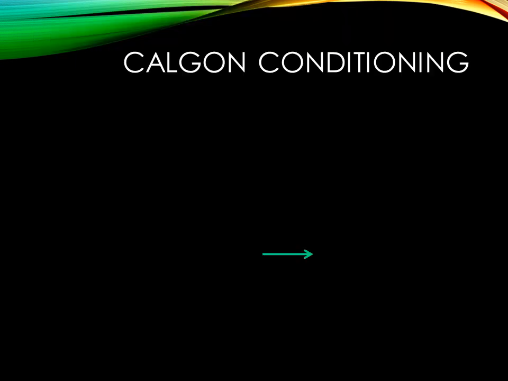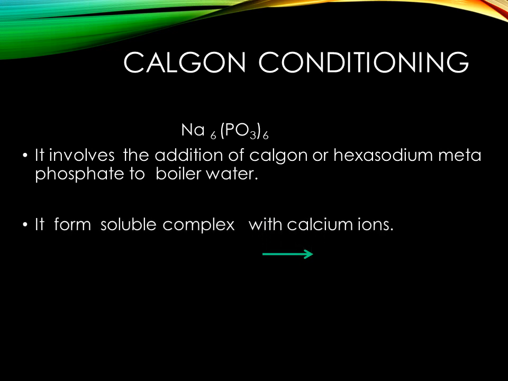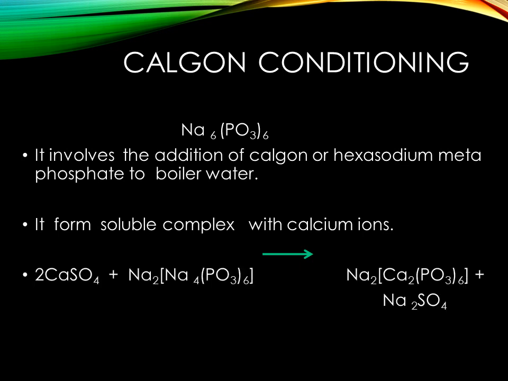Next, Calgon conditioning. What is Calgon? Hexasodium metaphosphate is Calgon, Na6(PO3)6. This Calgon is added to boiler water and forms a soluble complex with calcium ions.